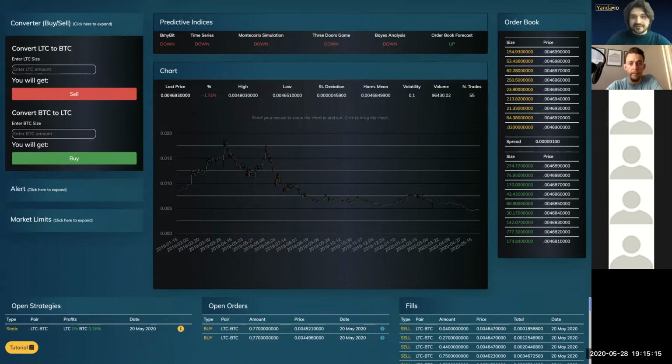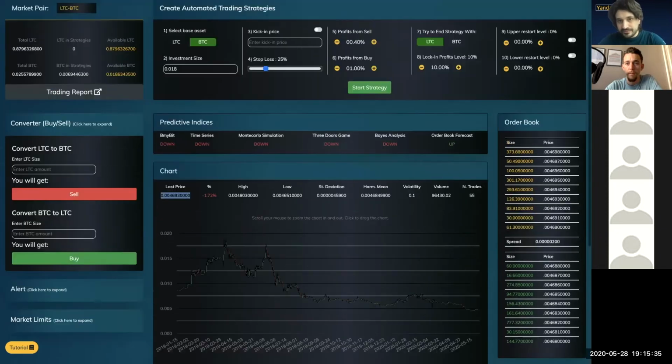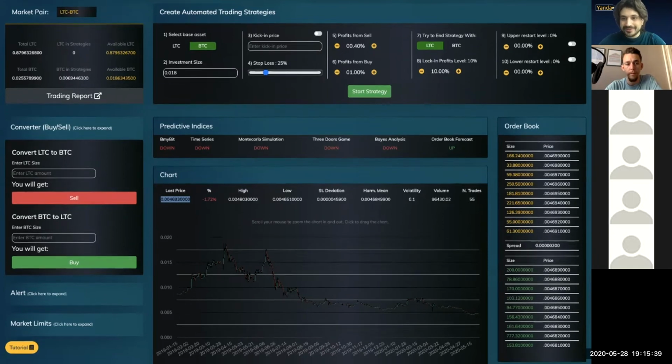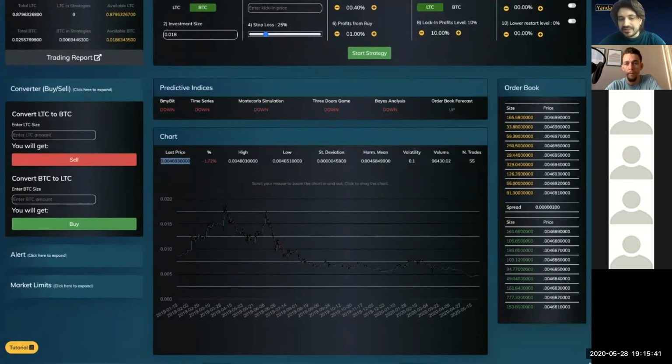My opinion is that the harmonic mean is also a good tool to understand the trend. In this specific scenario, we see that the harmonic mean is a little bit lower than the last price. It means that the predictive indices that tell me that the price goes down in the long term might be true. And therefore, I want to sell a little bit high because the order book forecast anyway is telling me that the price goes up.